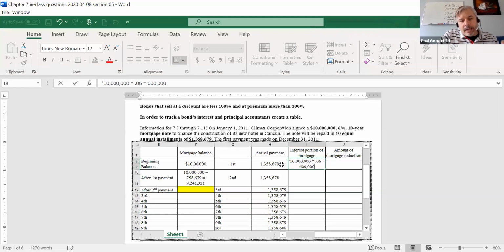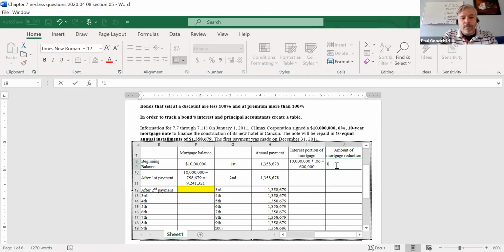So of that annual payment, the 1,358,679, 600,000 of it is going to be interest payment. The remaining 758,679 is going to be a reduction in the principal.